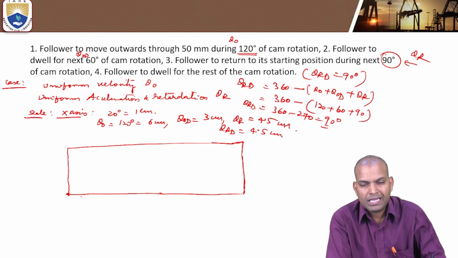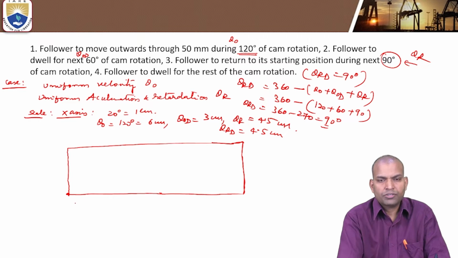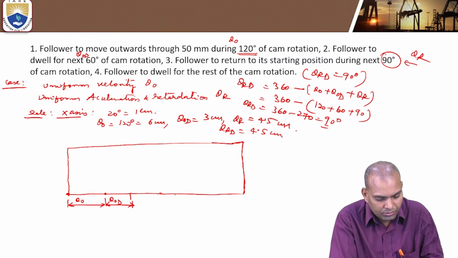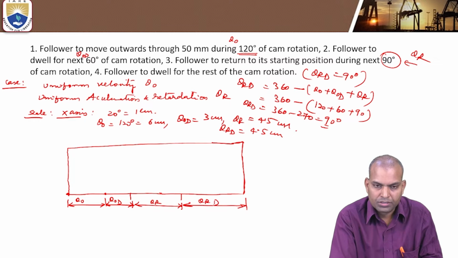Divide the horizontal line with partitions of the lengths of outstroke, dwell, return stroke and return dwell. This is the theta O outstroke portion, theta OD portion, theta R portion, that is theta RD portion.